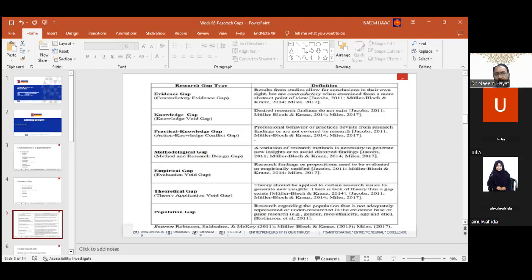Another kind of research gap is the theoretical gap, the theory application-wise gap. Theories are mostly utilized to explain the phenomena at hand or under research. But sometimes only a few theories are applied. Like a very broad theory, the theory of planned behavior, is quite used for human psychology.